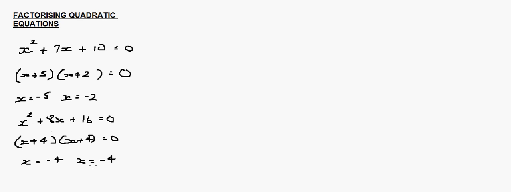So this means when you plot your graph, the curve will come down and it will just touch here at minus 4. Okay, so we say this has one real root. Now we can have equations that have no real roots.